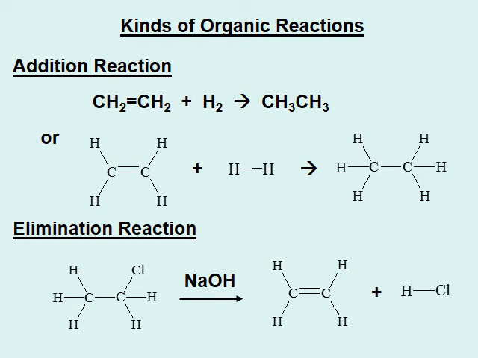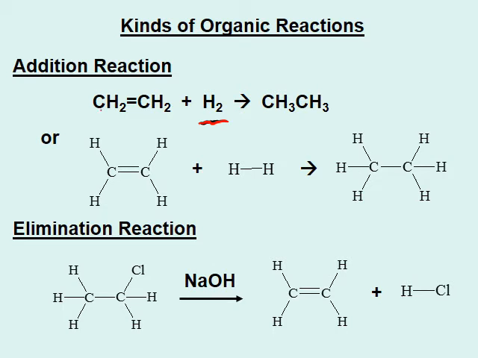Here we're going to discuss four types of organic reactions: addition reaction, elimination reaction, substitution reaction, and rearrangement reaction. The first example that you see here is an addition reaction in which hydrogen is added to a double bonded carbon.